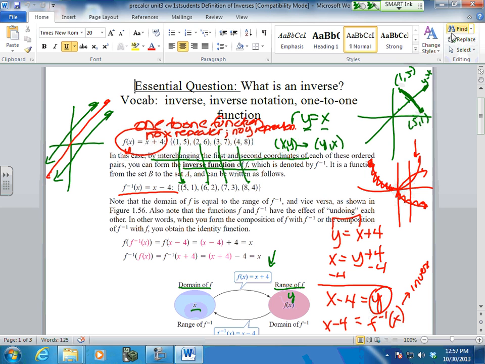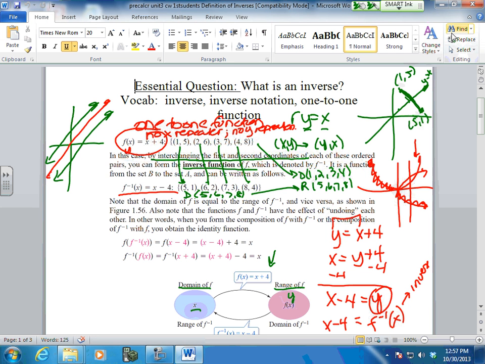We're going to see that in a minute. Don't you see it here? My domain for this guy was 1, 2, 3, 4. My range for this one was 5, 6, 7, 8. Let's find this one. My domain for this guy is 5, 6, 7, 8. Ah, isn't that my range?